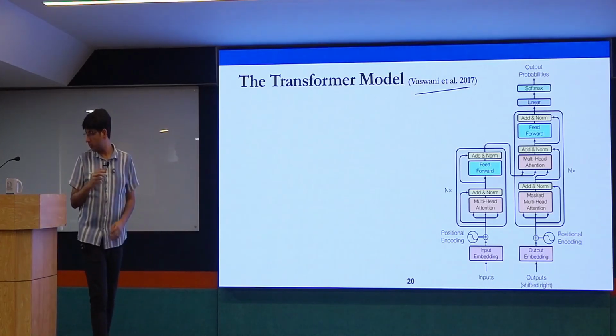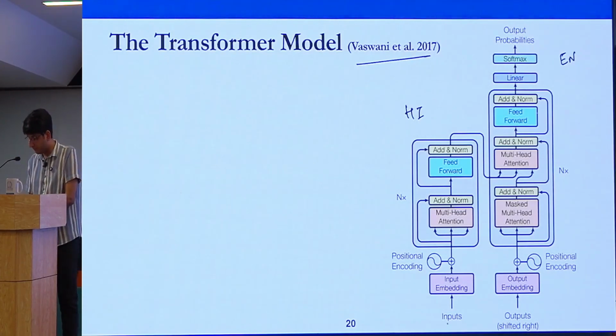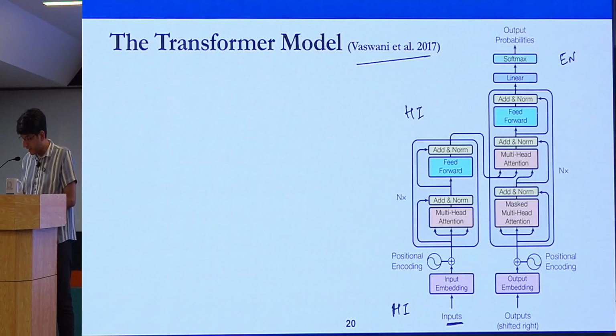Here, let's say you are doing Hindi to English. This is your Hindi inputs. You do multi-headed attention. You do some sort of normalization and so on. Ignore this for now.